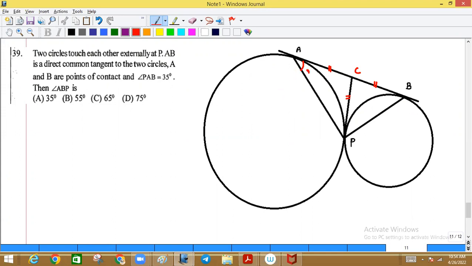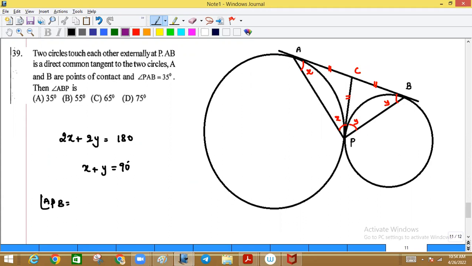Isosceles triangle. If this angle is x degrees, this one is x too. If it is y degrees, what about this? Y degrees. Can you tell me what is 2x plus 2y? It forms a triangle. Therefore, what is the sum of angles in a triangle? 180. Then what is x plus y? 90 degrees. Then what is APB?